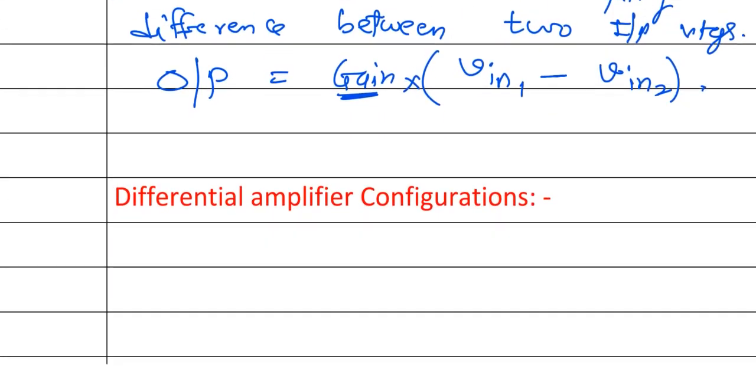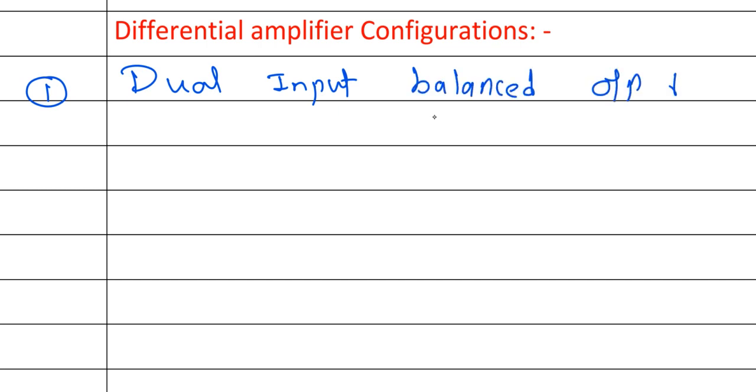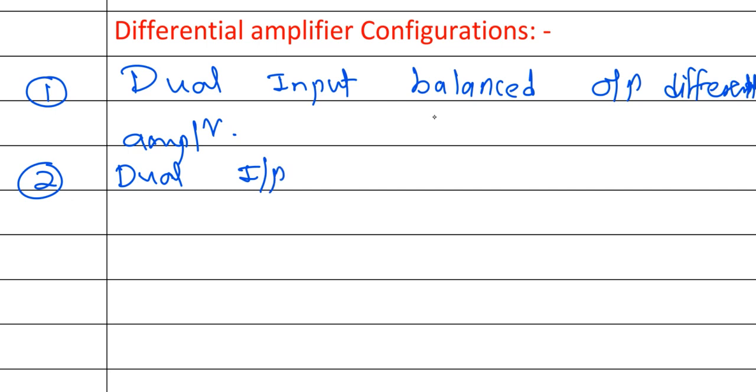Now there are four configurations of differential amplifier. First configuration is dual input, balanced output differential amplifier. Second configuration is dual input, unbalanced output differential amplifier.